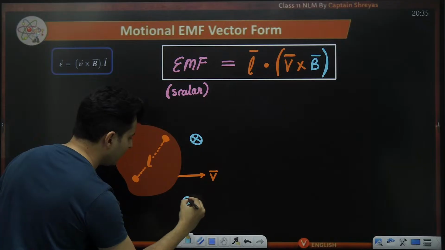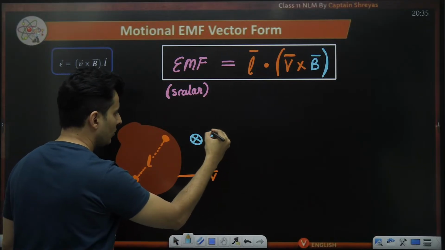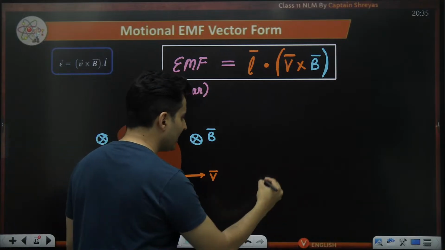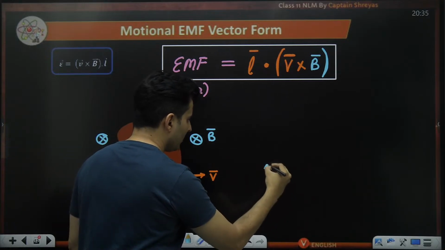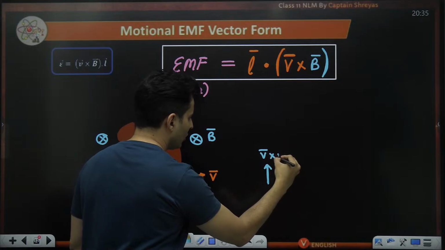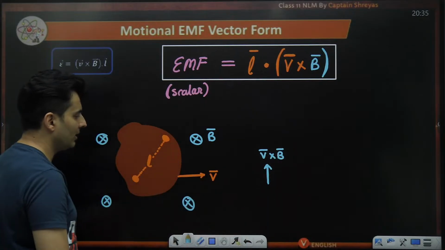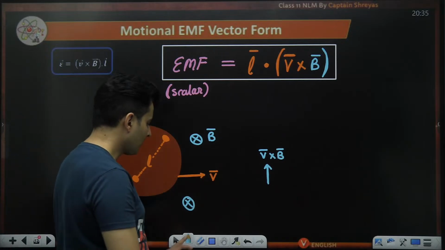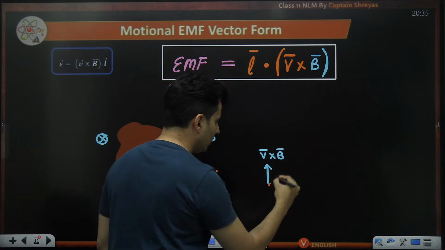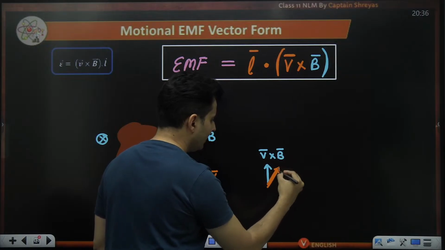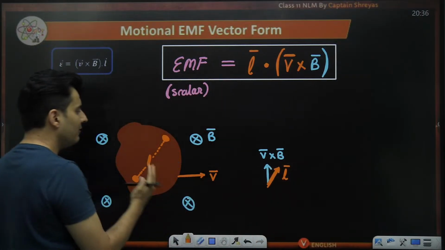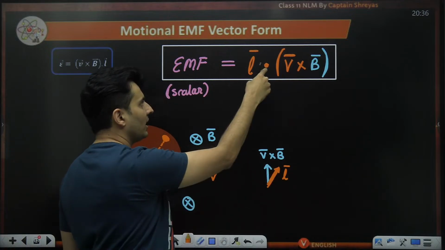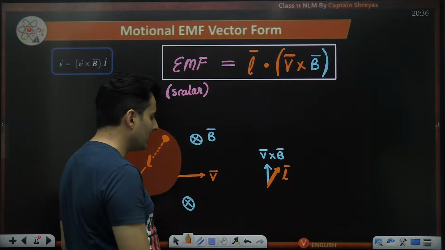So when you do V cross B, V is right side, B is inside. So you're going to get V cross B over here. This will be the vector of V cross B. Just think about it. V is right side, B is inside. So the thumb will go upside. You now take the dot product of this V cross B with L vector. So that dot product is what is happening here. That will give me the EMF.